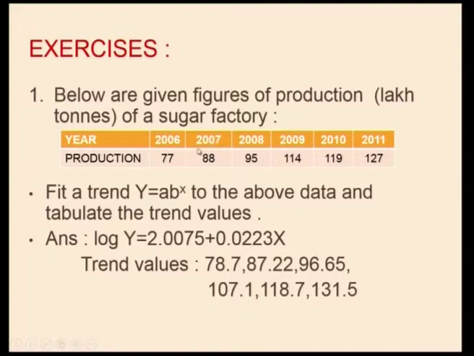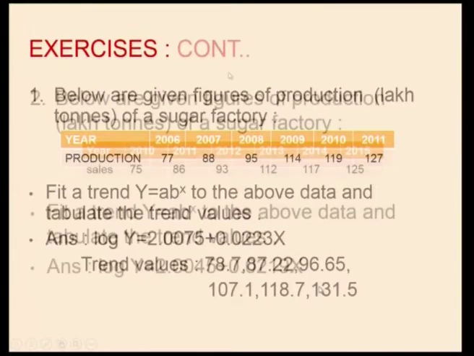The trend line will be log y is equal to 2.0075 plus 0.222x, which is going to be a straight line. Then substitute for each corresponding year, and we get trend values of 78.7, 87.22, etc., 131.5.